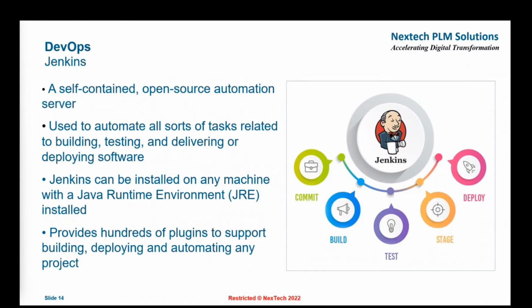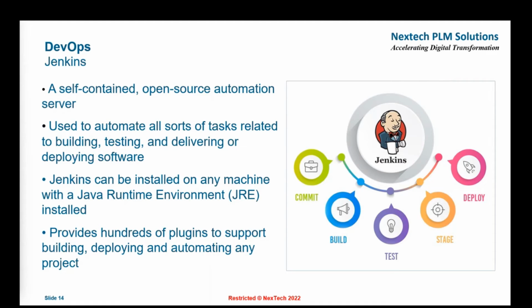these automation servers. One of the advantages of Jenkins is that it can be installed on any machine. It only needs the JRE. It's developed in the Java language, so you need only the JRE, and with that, you can start your Jenkins automation server. The other advantage is that it provides thousands of plugins to support this CI/CD process, so build, test, deliver, and deploy.